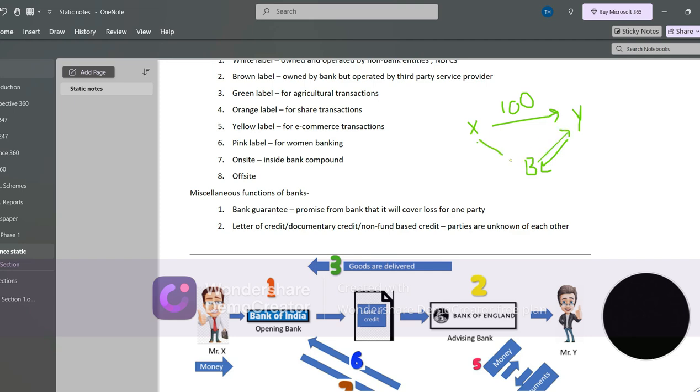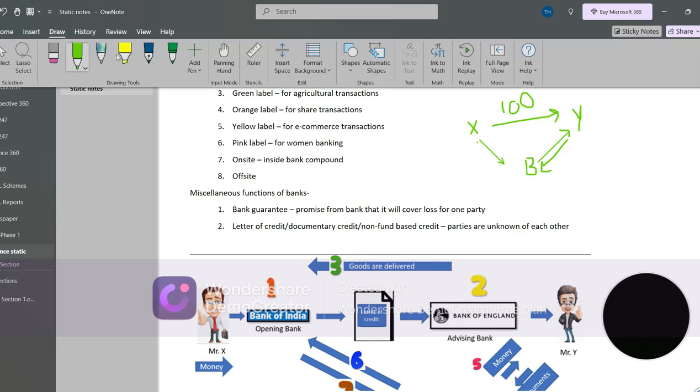Later on, after the specified amount of time, person X gives the rupees 100 to the bank. Now why will the bank do this for person X? Based on his earlier record, was he able to pay back his loans on time and all that? Based on these things, the bank will give a bank guarantee.